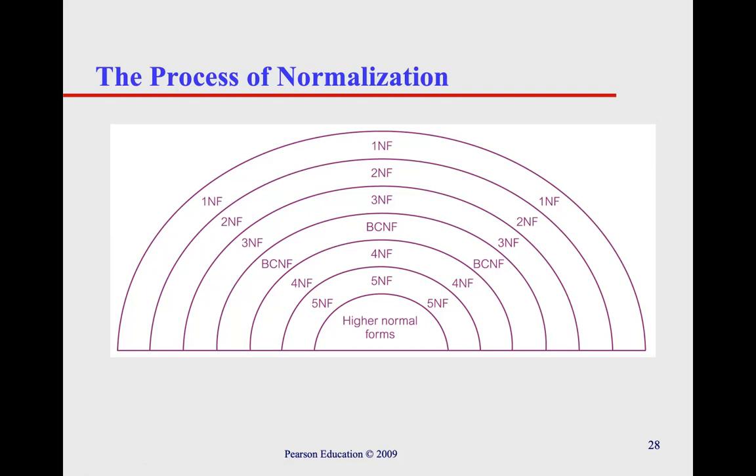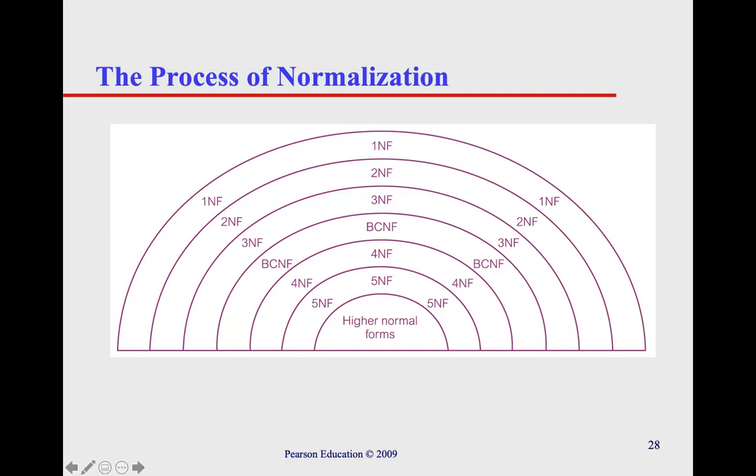It is almost always the case that if a relation is in third normal form, it is also in Boyce-Codd normal form. The homework assignments and the tests will always stop at third normal form, but I will at least talk about Boyce-Codd normal form in this course.